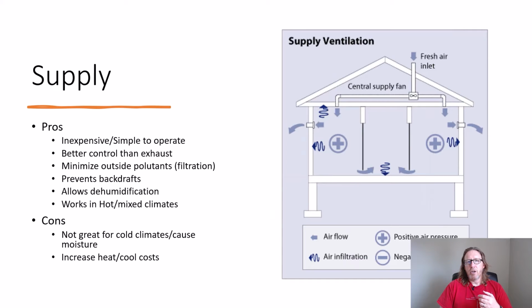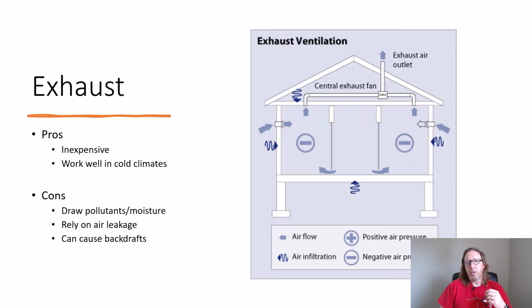This one, you're actually bringing air in and you're still having air leaks, but you're pushing the air out, which can help because you're minimizing the outside pollutants. In other words, if I've got a filter right here, I'm lowering the pollutants coming in this pipe, versus in this scenario, I'm doing nothing for the pollutants coming into my house from these areas, if that makes sense, okay?